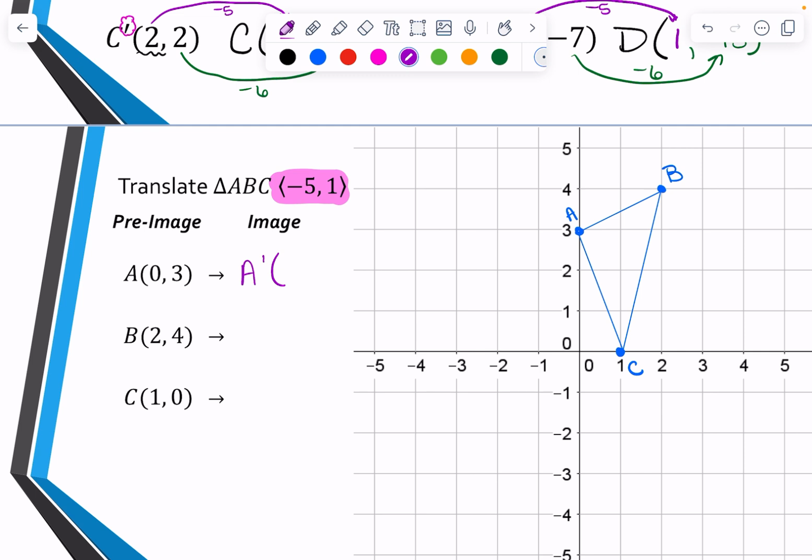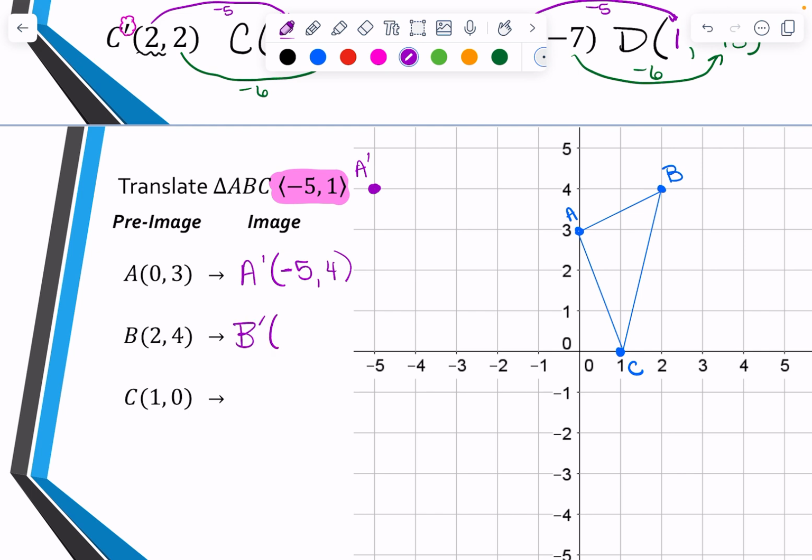So 0 minus 5 gets me -5. 3 plus 1 gets me a 4. So A prime is going to go 5 to the left, 1, 2, 3, 4, 5, and up 1. And you'll notice if I just track it that way, it also works. -5, up 4.